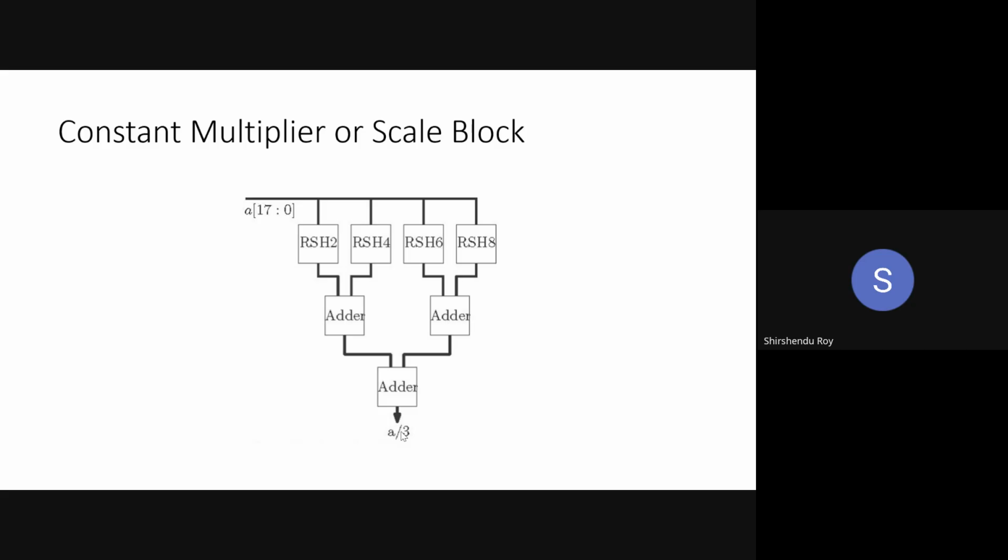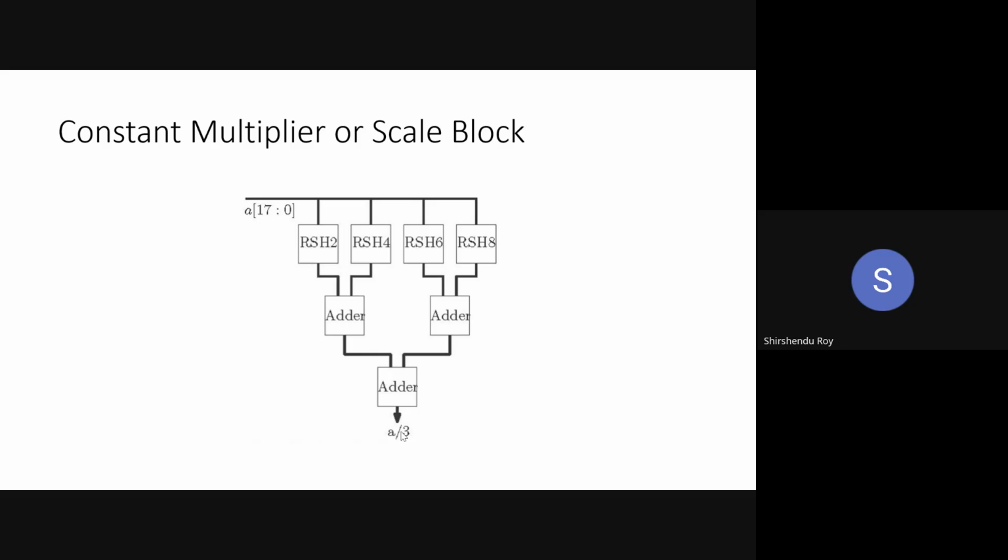This is a constant multiplier or scale block we are using here to achieve x by 3. So this entire scale block, we can say, consumes less hardware compared to any multiplier. That's why we're using this constant multiplier block. Is it okay?